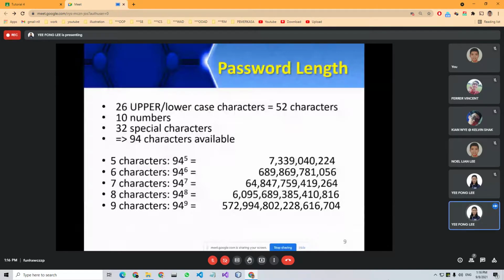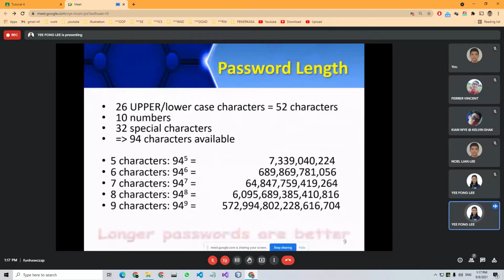Next one, password length. Of course, the longer the better, but make sure you can remember. Longer passwords are better. Consider a password that does not change in 60 days. How many passwords can be tried each second? For 5 characters, 1000 plus per second.